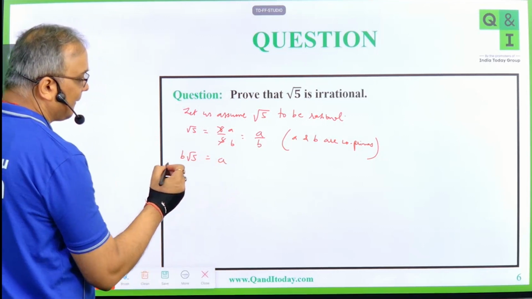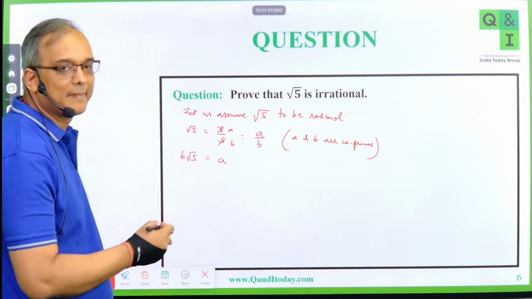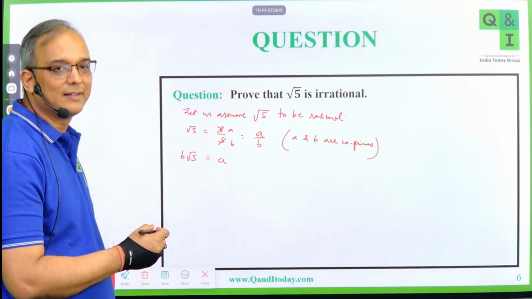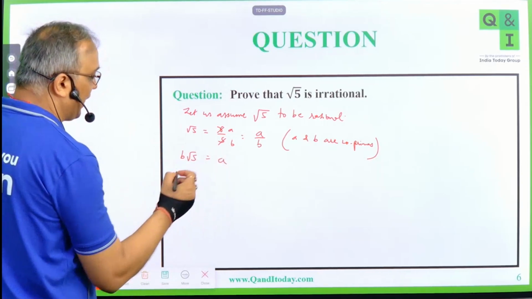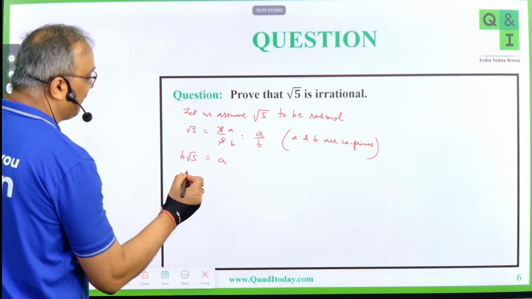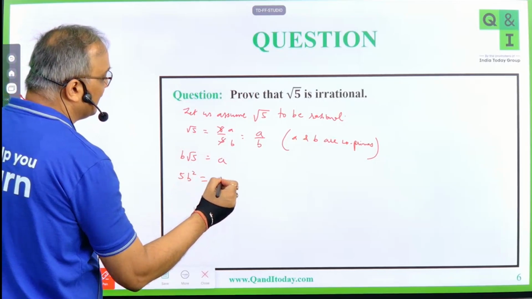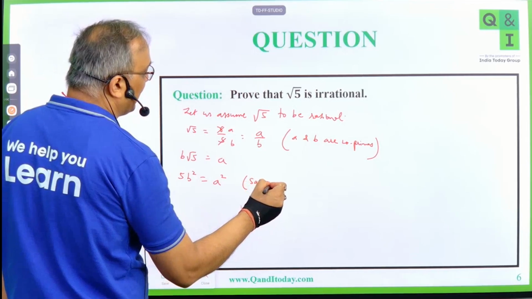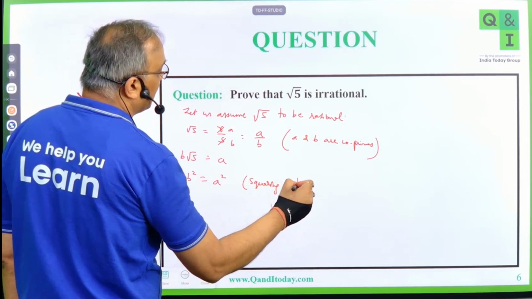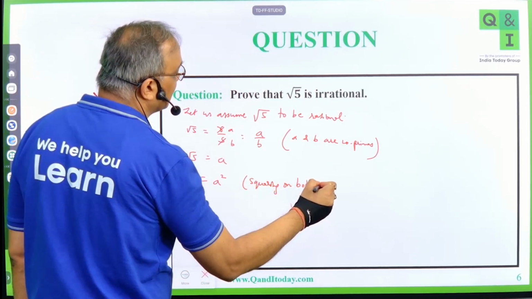Now, we'll square on both the sides. So we will have 5b square is equal to a square. Squaring on both sides.